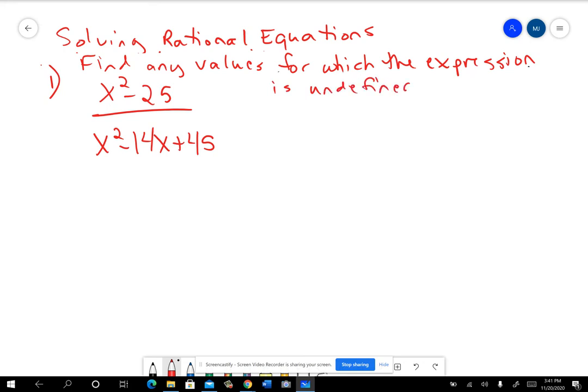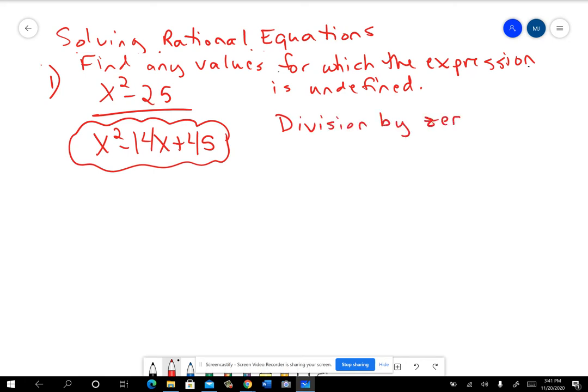So the idea is this, that if you put in something for x that would cause the denominator to be 0, you'd be in trouble, okay? So it's based on the idea that division by 0 is undefined.